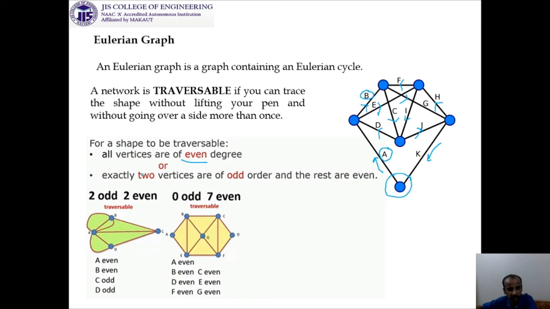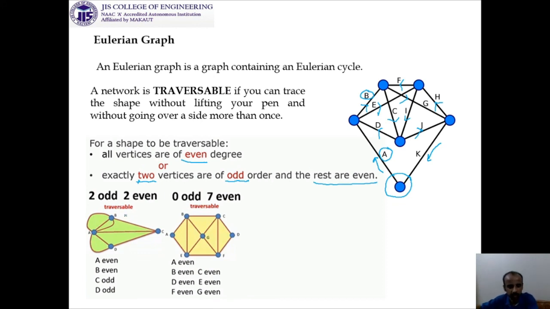Or there is another condition: exactly two vertices are of odd order. Only two vertices can be of odd order, and the rest have to be even.